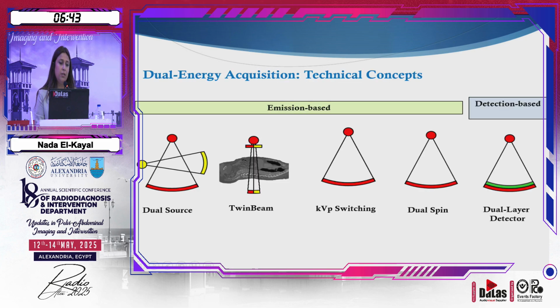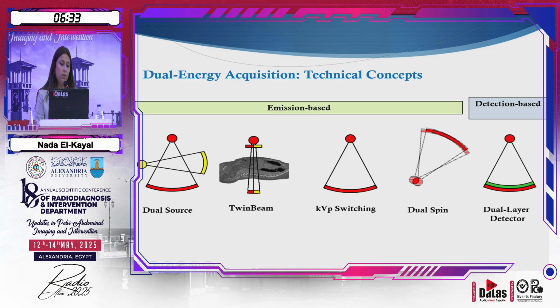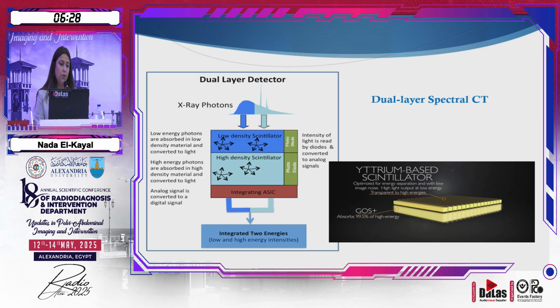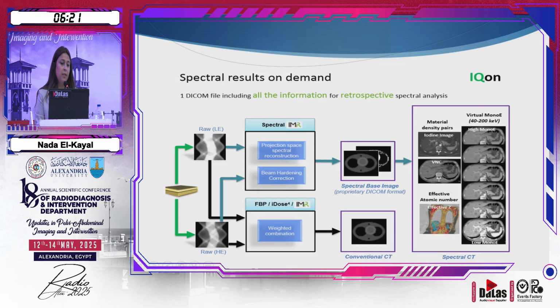The dual energy technologies present are either emission-based, such as dual source CT, twin beam CT, rapid kilovolt switching technique, or dual spin CT, or detection-based, such as the dual layer CT, where the lower energy photons are detected at the upper layer detector and the higher energy photons at the lower detector. The data from both layers are integrated and used for each voxel to produce both conventional images that are similar to the images produced from conventional CT and spectral-based images.